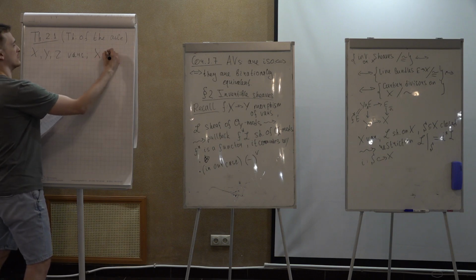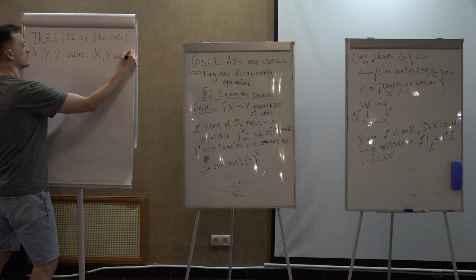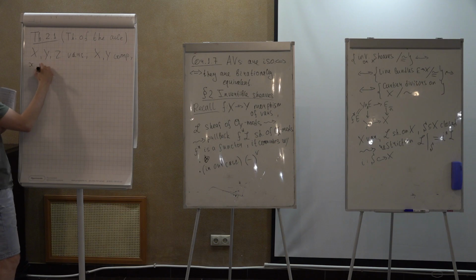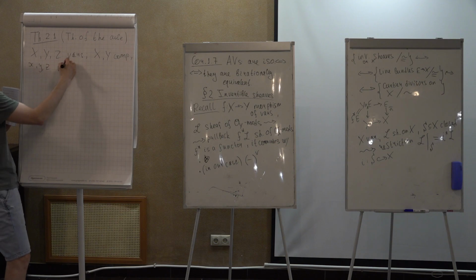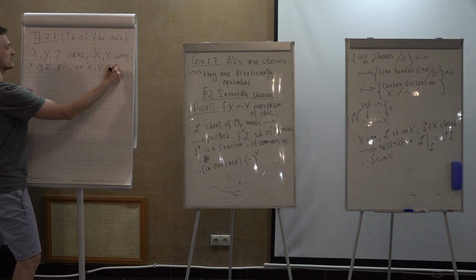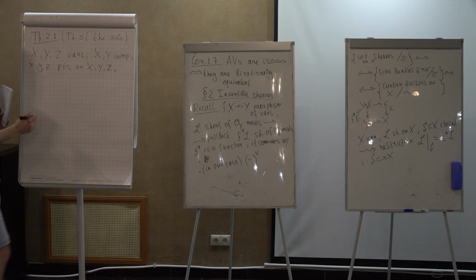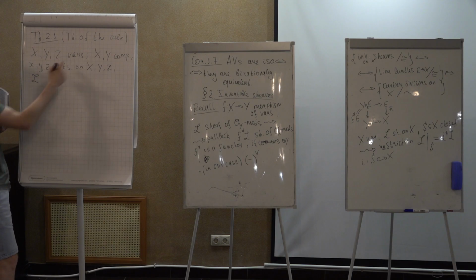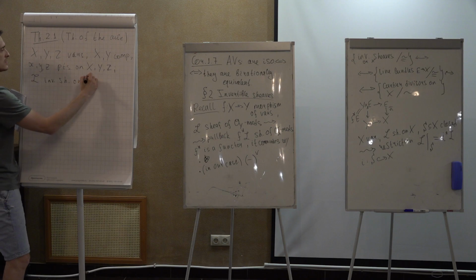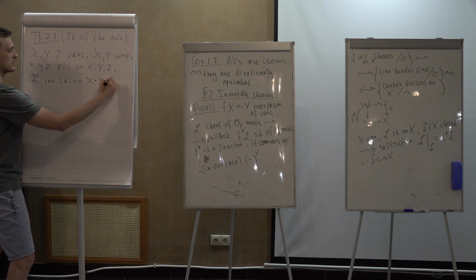X, Y complete. And we take points x, y, z on X, Y, Z capital respectively. And finally, we take an invertible sheaf on the product X times Y times Z.